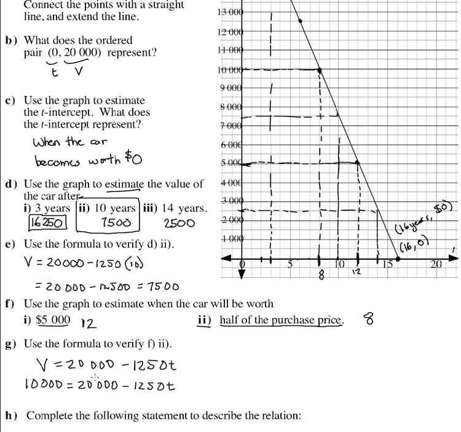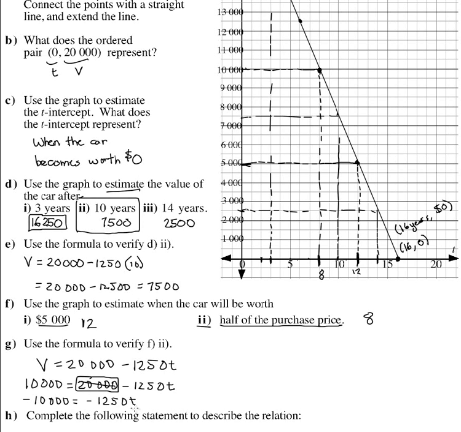I would subtract 20,000 from each side to get rid of this. 10,000 minus 20,000 is minus 10,000. On the right side, 20,000 minus 20,000 is just gone. We get minus 1,250t.